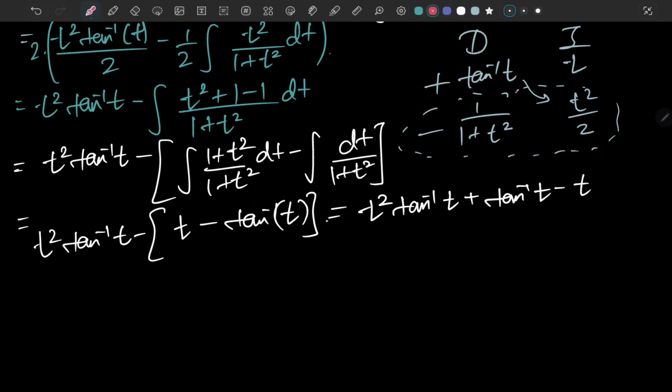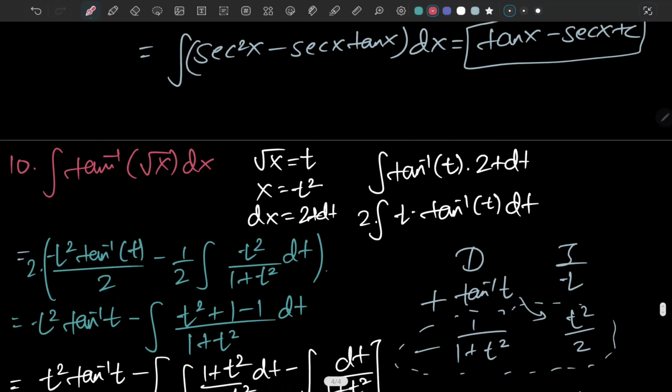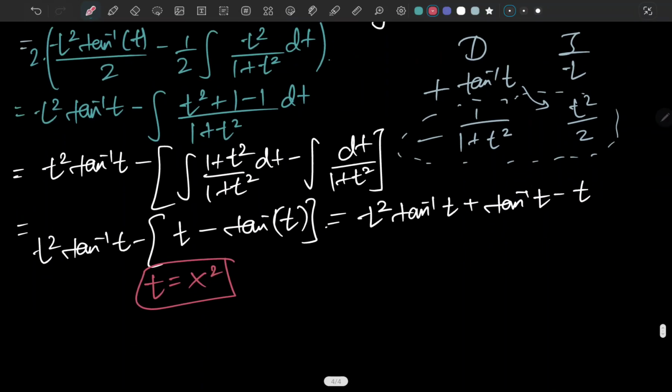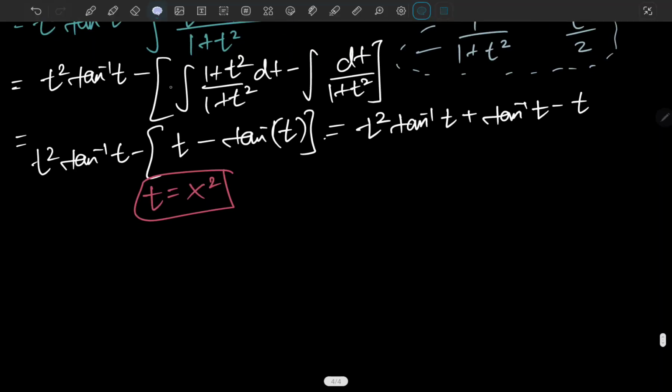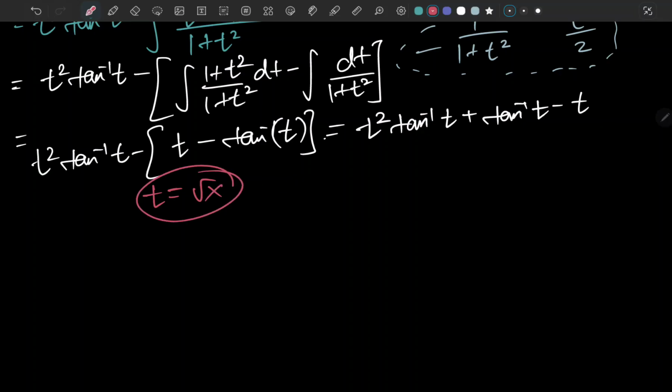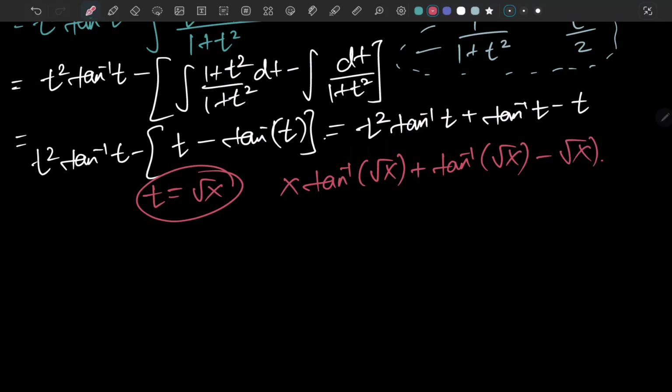And now our final step would be t is x squared, as we have assumed here. Sorry, it's not x squared, but square root of x. So let's replace it with that. So this becomes x times tangent inverse of square root of x plus tangent inverse of square root of x minus square root of x plus c, don't forget about that.